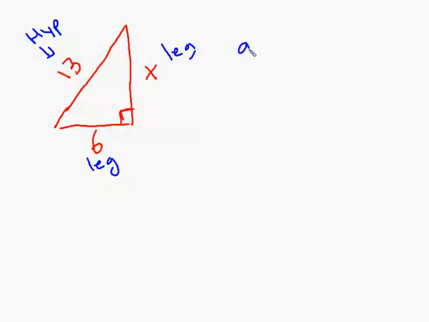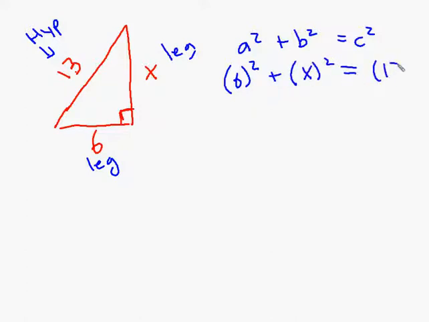So we write our formula, a squared plus b squared equals c squared. We're going to replace in parentheses, a is 6, squared. Okay, 6 squared plus, and b is x, squared, equals c is 13, squared. Now we're going to follow the order of operations and simplify that.